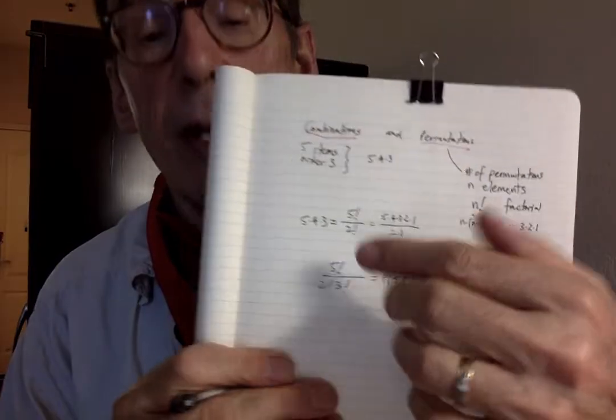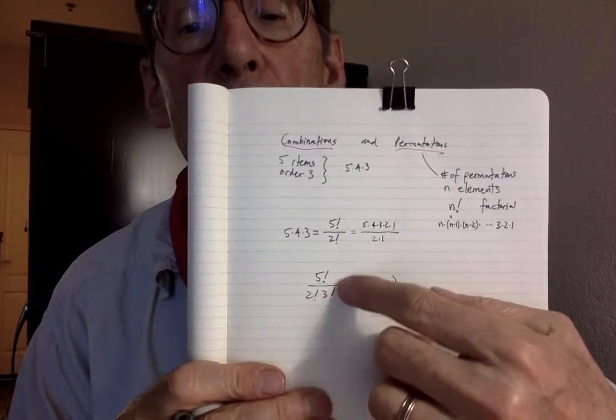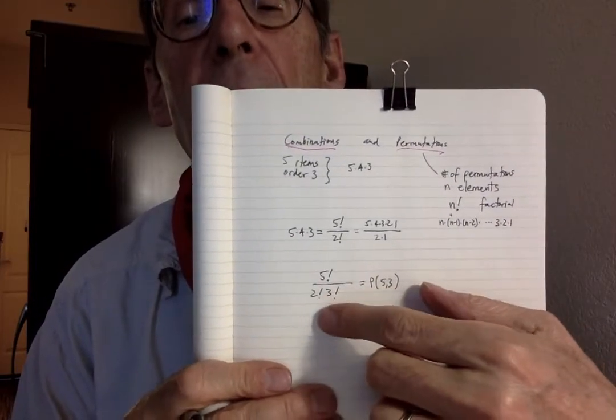There were 5 things on the menu. 3 was the number that we chose, and 2 was what we didn't choose. That was the leftover. No, wait. This is the same thing as, and this is an important property of these, P(5,2). So the general formula is P(n,k) is a fraction. The top is n factorial, and the bottom is k factorial, and then n minus k factorial. That's a product.